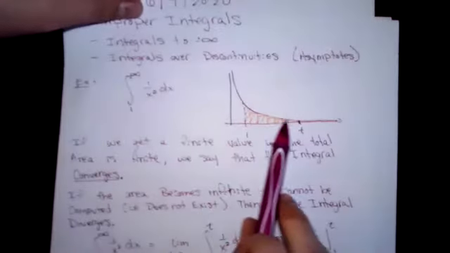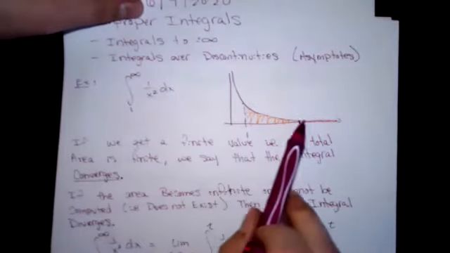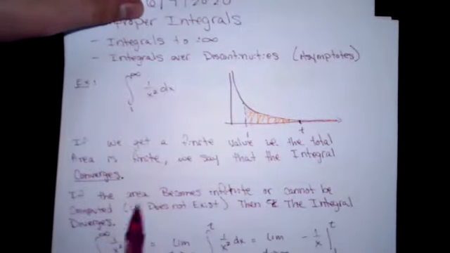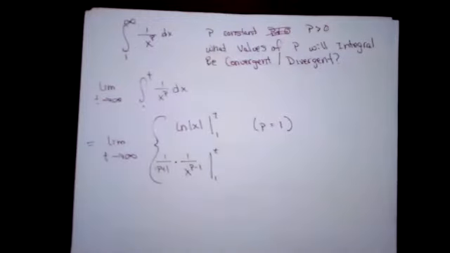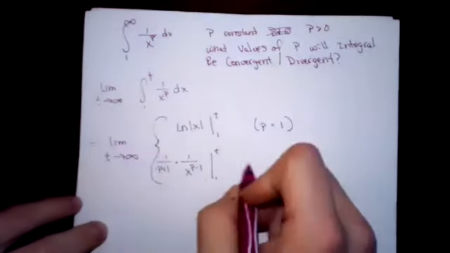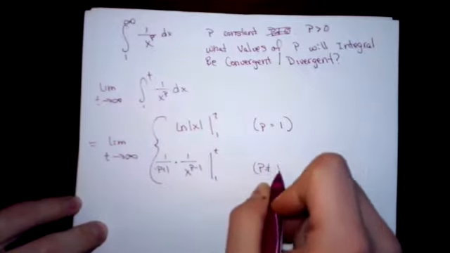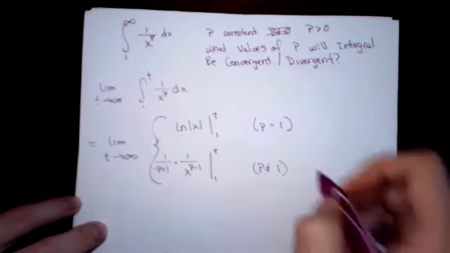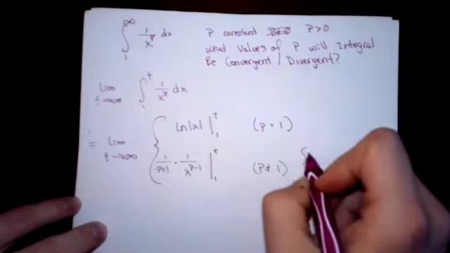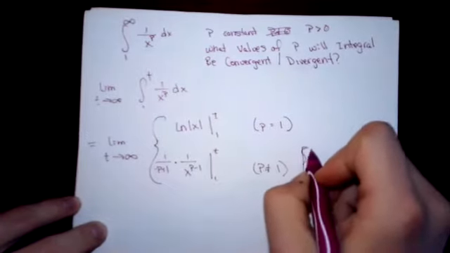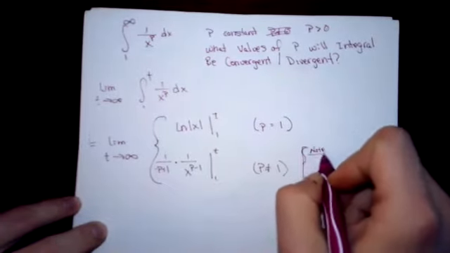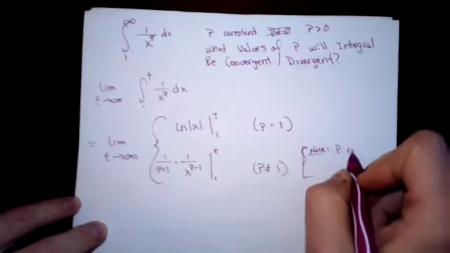Does a function decay and approach 0 fast enough to get some sort of finite area? So this is p not equal to 1. But, of course, just as a note, let me put that in parentheses.